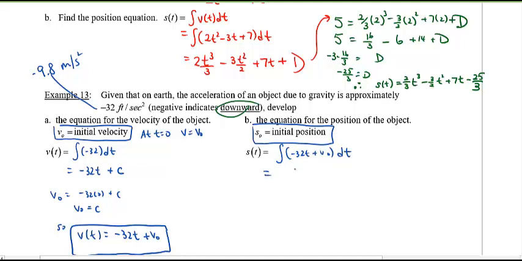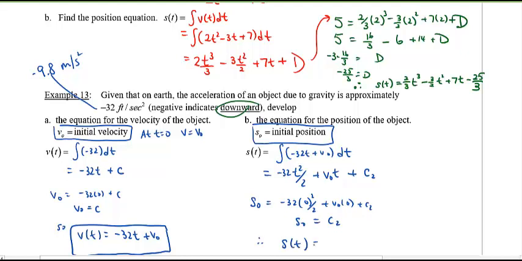Integrating this, t squared over 2, don't forget we have negative 32 in front, v0t, plus, and I'm going to use c sub 2 this time, you can use that or d, doesn't matter. Then I'm going to plug in my initial position, thank goodness t is 0, that makes life so much easier. c2 is equal to s0, so therefore s of t equals negative 16 t squared plus v0t plus s0.